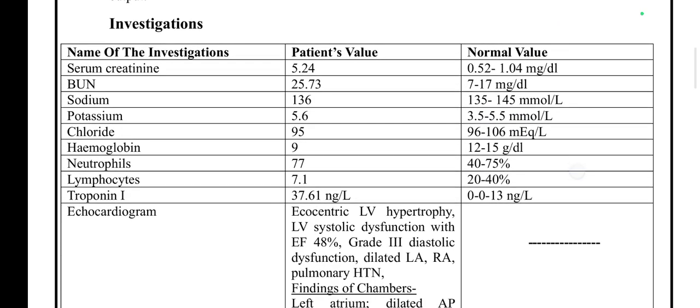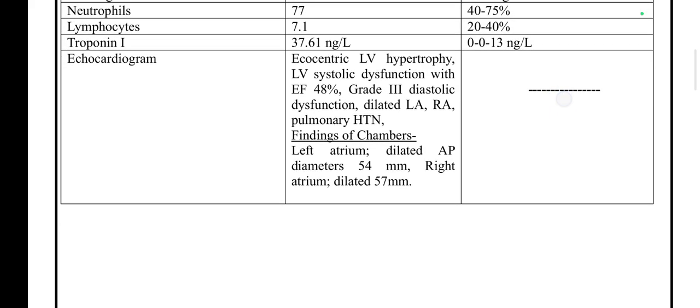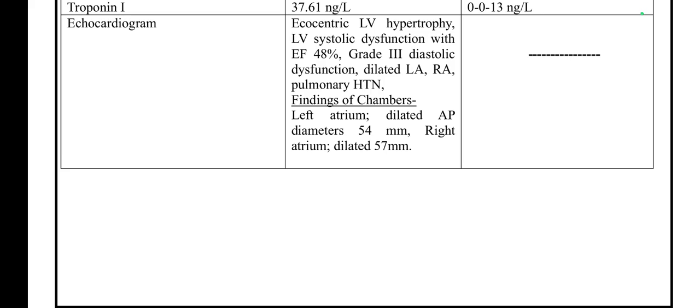You have to explain the investigations with the patient's values side by side with the normal values. You have to focus on the confirmatory diagnostic tests, that is echocardiogram, cardiac markers or enzymes, which you have to specify.